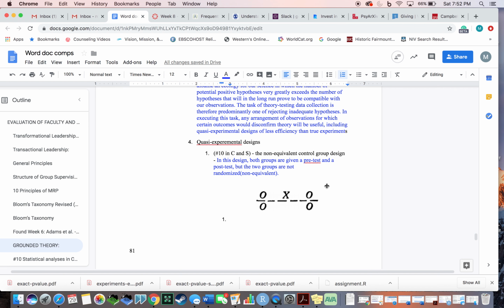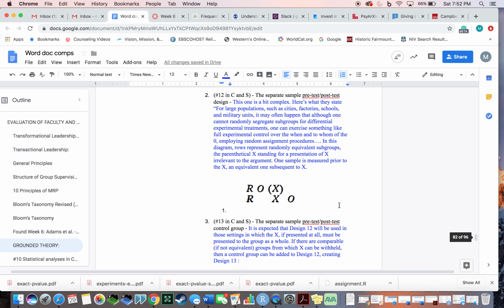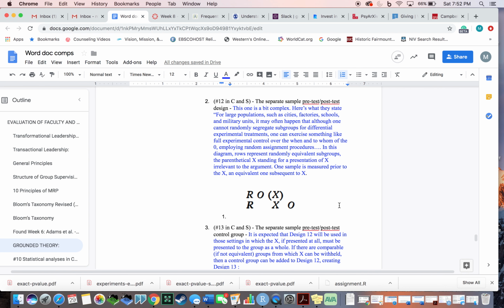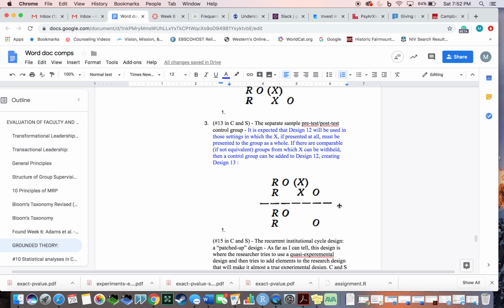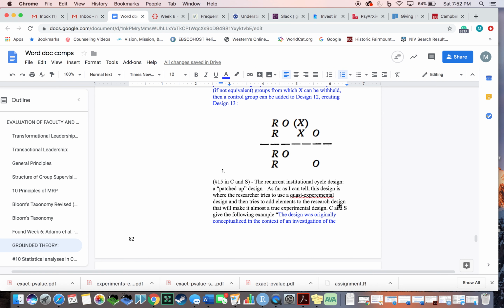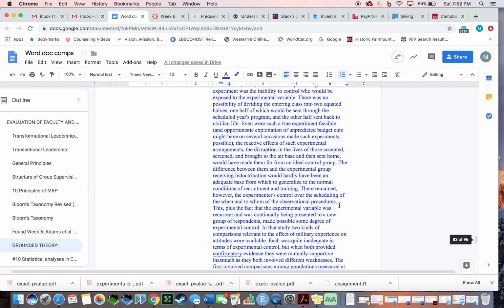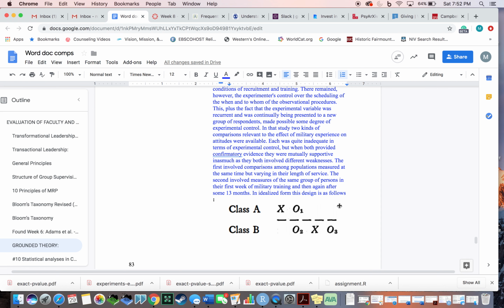And then we have the quasi-experimental designs. We have the non-equivalent control group design. We have the separate sample pre-test, post-test design. We have the separate sample pre-test, post-test control group design. And we have the patched-up or institutional cycle design.